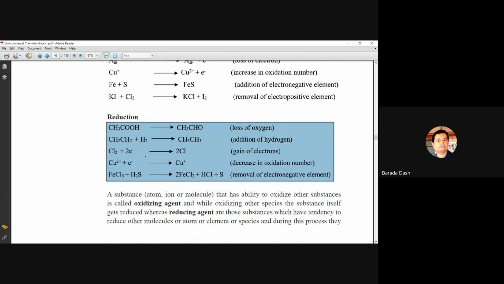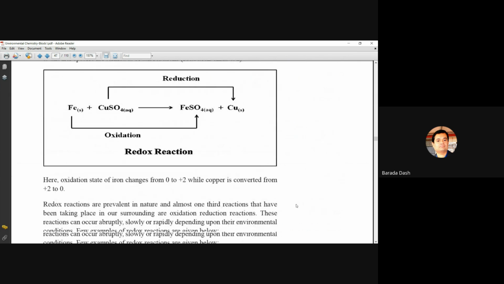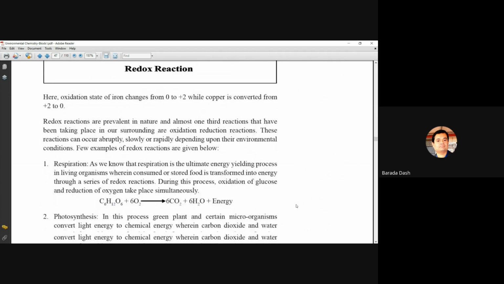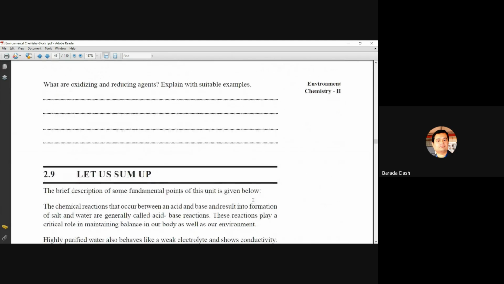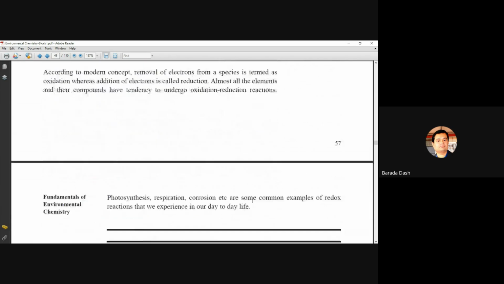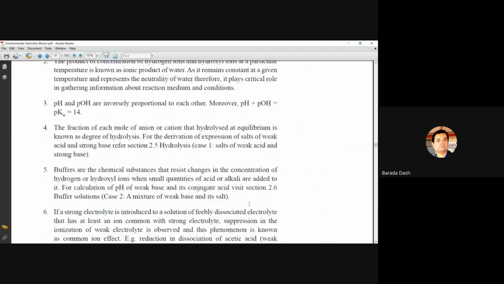Similarly, gain of electron or addition of hydrogen is also reduction. So go through them. A redox process is a very important process in the environment, so you should go through these oxidation reduction processes.